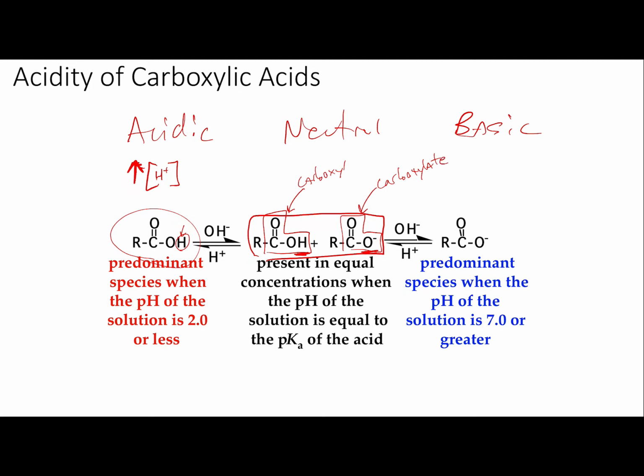Carboxylate group. And when we are in basic conditions, meaning we have high concentrations of OH minus, OH minus is going to pull off any hydrogens that are on any molecule that's acid. So we should find no acid molecules with their hydrogens still, predominantly the carboxylate ion.